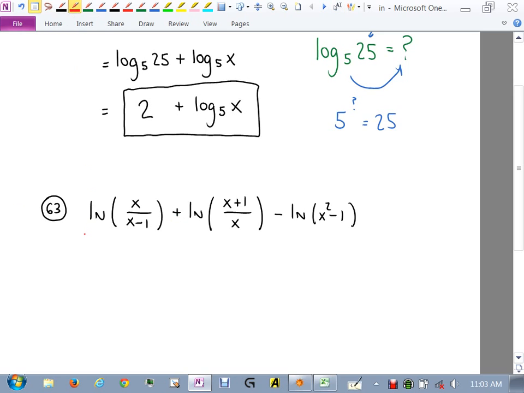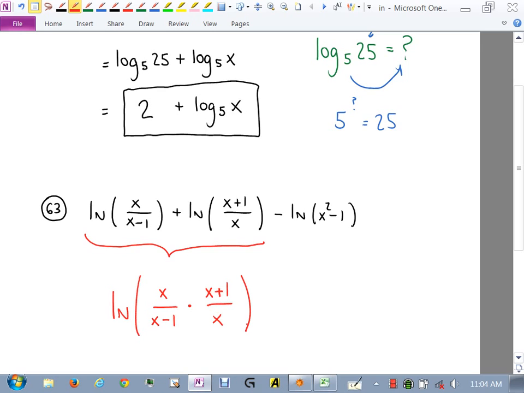So we want to put these 2 logs together using the property that says we can condense 2 logs into a single log, and you multiply whatever was in each one. So I have the x over x minus 1 that was in the first one, times whatever's in the next one, x plus 1 over x.